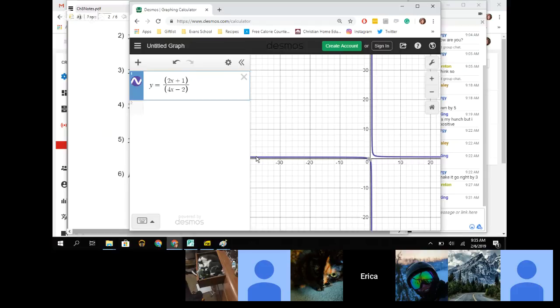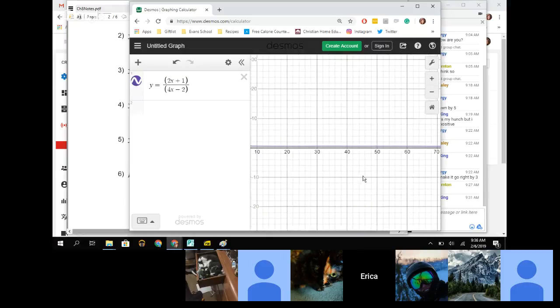So way out here, now I'm looking at my y values, I get to 0.487, right? And then if I go on this side, I get to 0.508. So what do you think the y value that it can't be is?